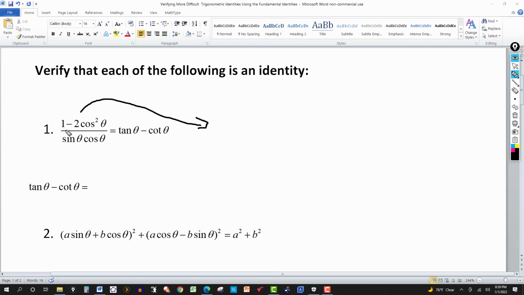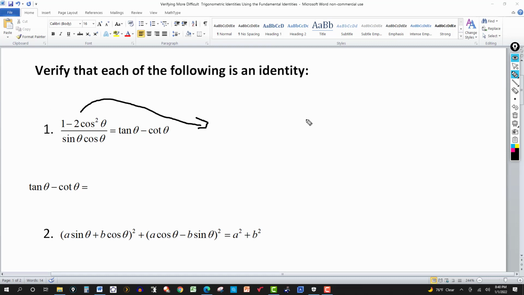Well, one way to do it is to realize that 1, as I showed a while ago, your fundamental Pythagorean identity, 1 is equal to sine squared plus cosine squared. So replace the 1. I'm not going to write it all out because I already did it one way, but this will guide you if you want to do it the other way. 1 is the same thing as sine squared plus cosine squared of the angle, and then combine that.